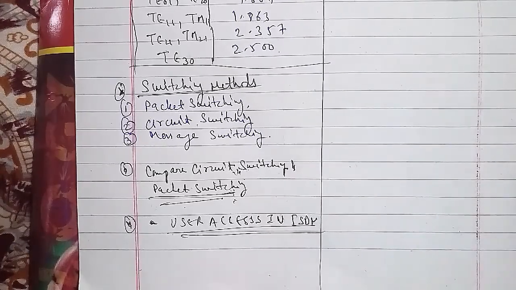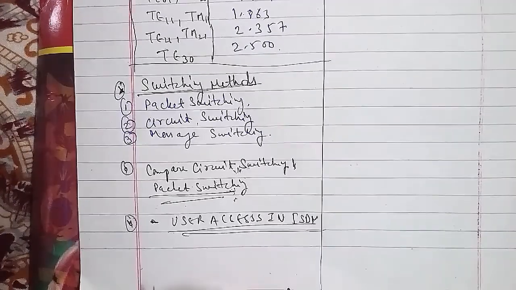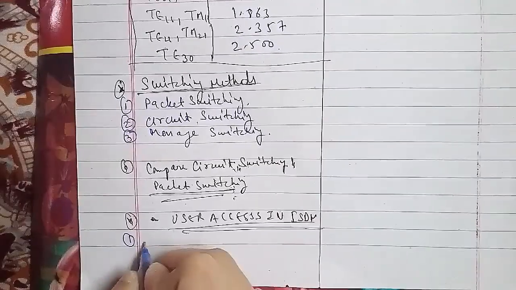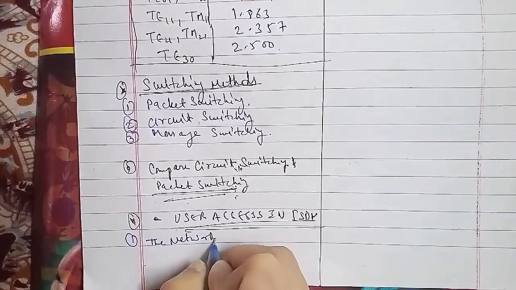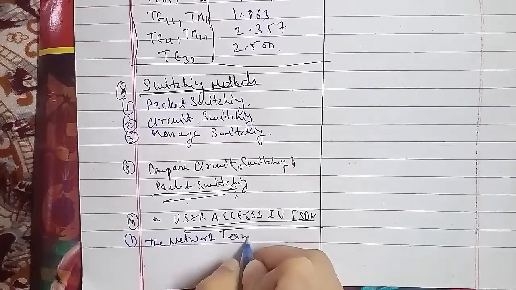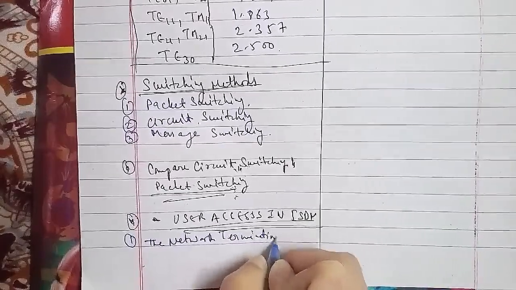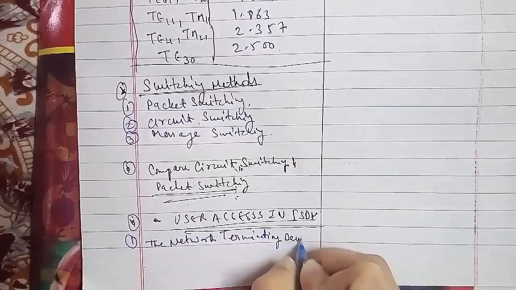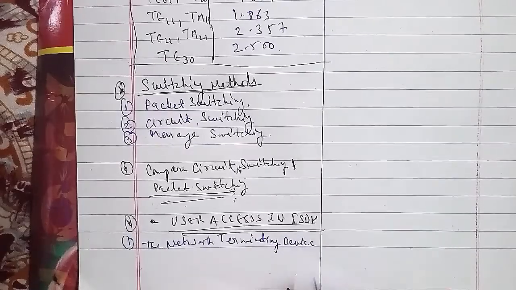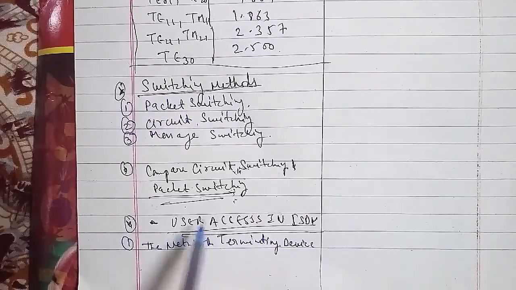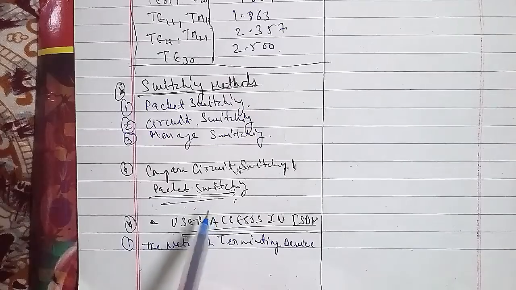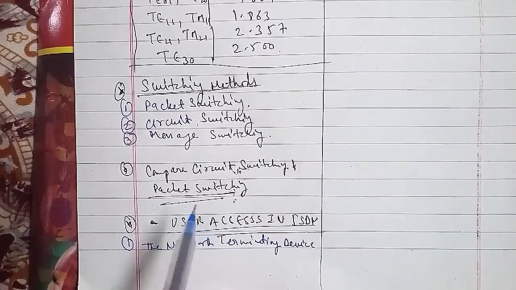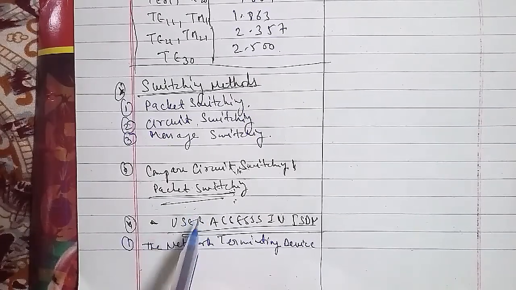The second is the physical connection to ISDN. In the physical connection to ISDN, the terminal equipment consists of devices that use ISDN to transfer information, such as a telephone, a computer, a fax machine, or a video conferencing machine.